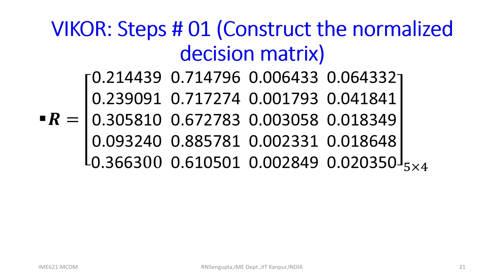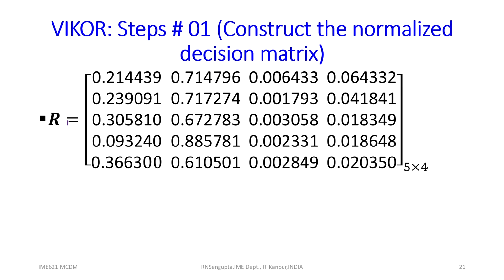These are the normalized values, weights have not been yet considered, because I will come to these. I am not going to read the details. The values normalized for the R matrix, which is based on X, the initial decision matrix, is this. Again, the size is still 5 cross 4.